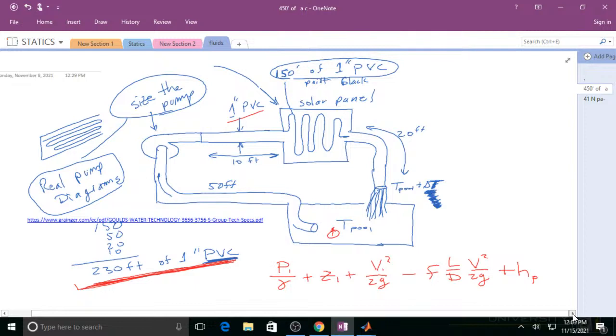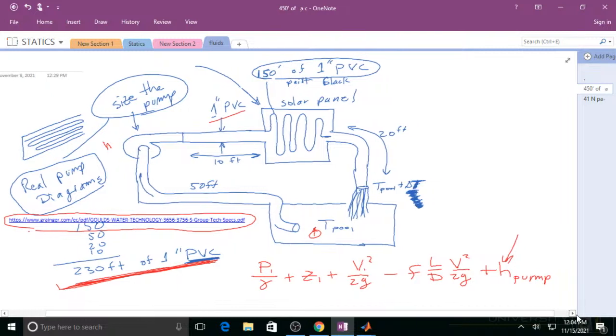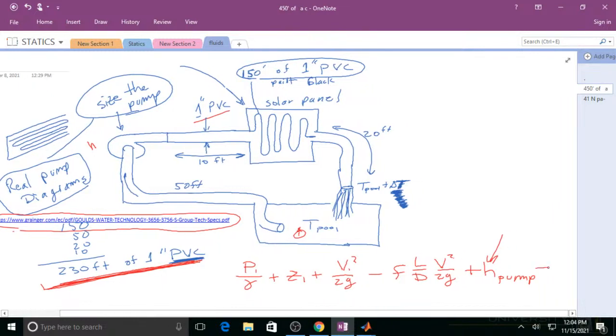And I'll say H_pump to designate that this is supplying a head in the pump. And we're going to pick one of these to determine this in a minute. You go all the way around, so you pass all these losses, you pass the gain, going through the system and back to the same spot.